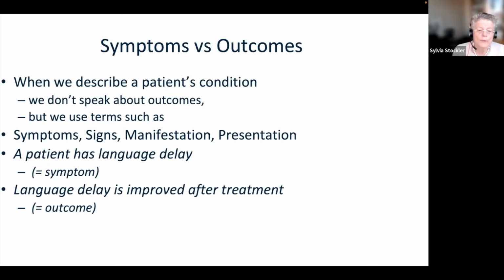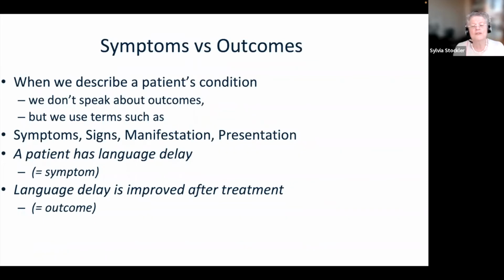So when we describe a patient's condition, for example, if you read a publication about GAMT deficiency, about the clinical presentation of GAMT deficiencies or of creatine transporter deficiencies, we don't speak about outcomes. So nobody will say, well, language delay is an outcome, but we would use terms such as symptoms, signs, manifestation, presentation.